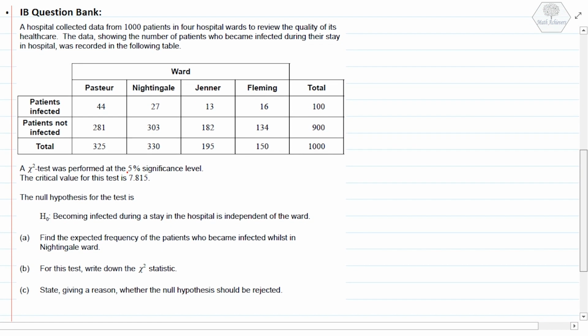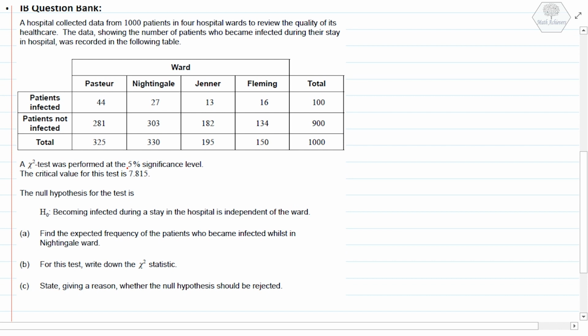A hospital collected data from 1,000 patients in 4 hospital wards to review the quality of its healthcare. The data showing the number of patients who became infected during their stay in the hospital was recorded in the following table. We have this table. I have to describe the table.